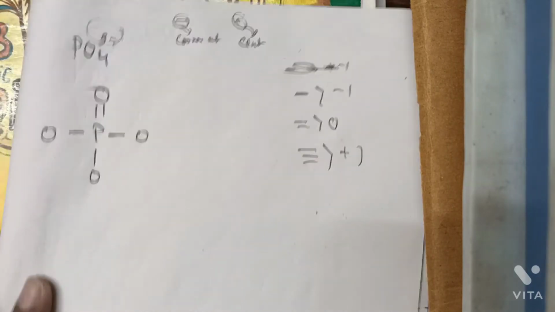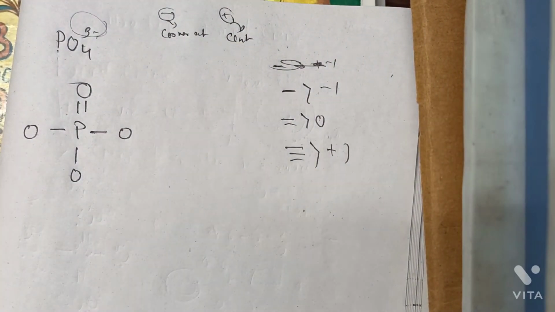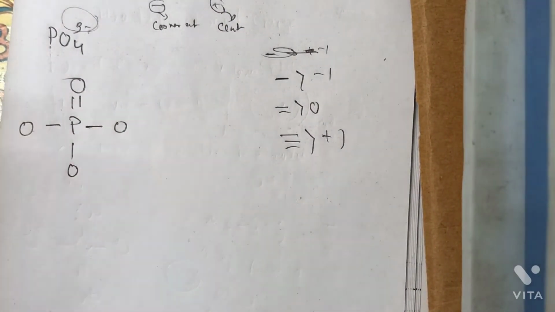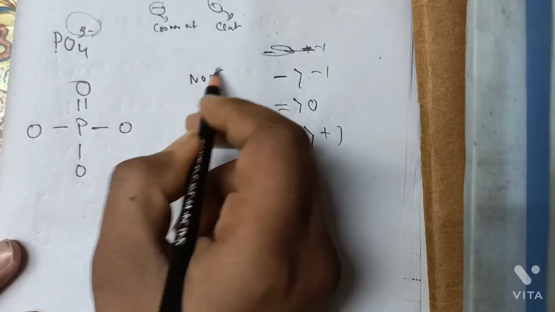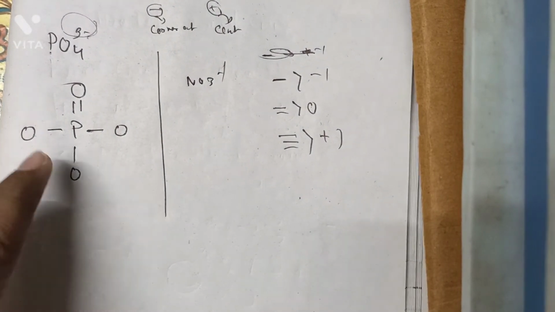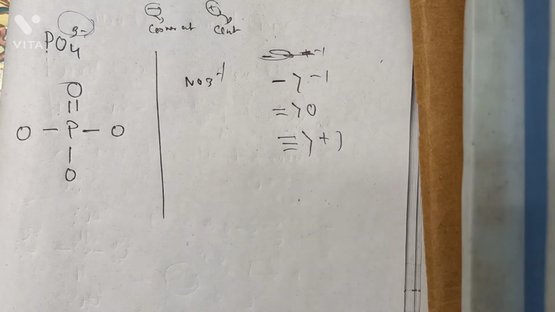Very clear. I know many of you may say this is not exactly how it is actually done, but these are some tips. There are some exception cases also, like the nitrate ion. It will not be applicable all the time, the way I showed you.